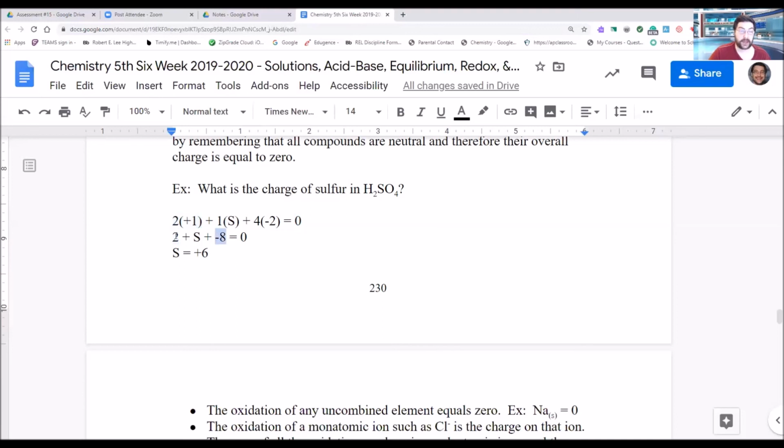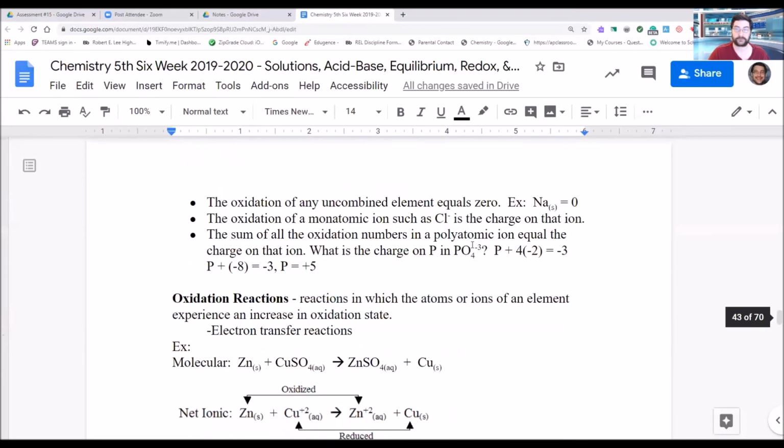And -8 plus 2 gives me -6. Move that to the other side of the equal sign, and that means that this sulfur has to be a +6 charge, okay? Being able to do that will allow me to track what happens to a particular element from one side of the reaction arrow to the other side of the reaction arrow during a redox reaction.